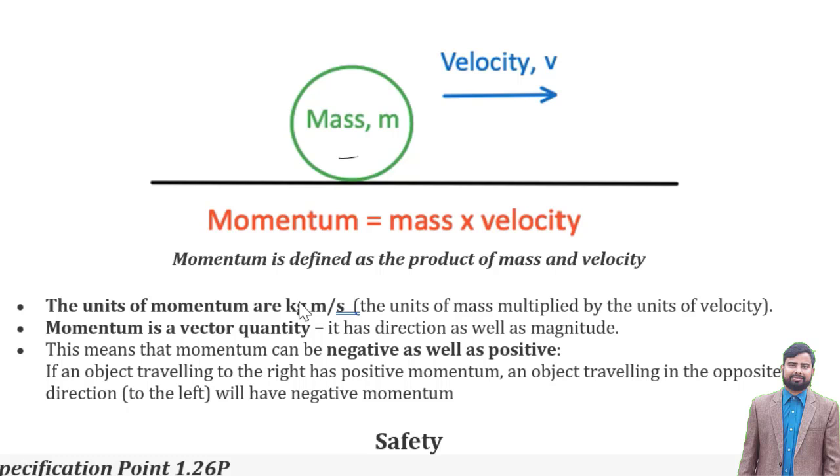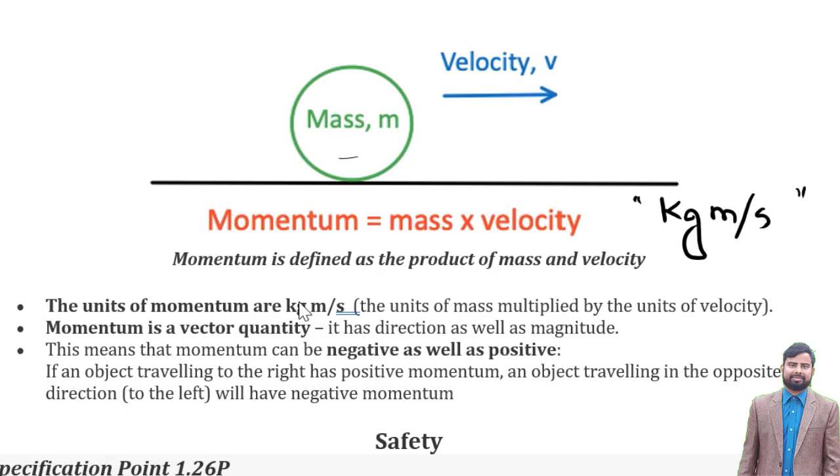The unit of mass is kg and the unit of velocity is meter per second. That's why the unit of momentum is kg meter per second.